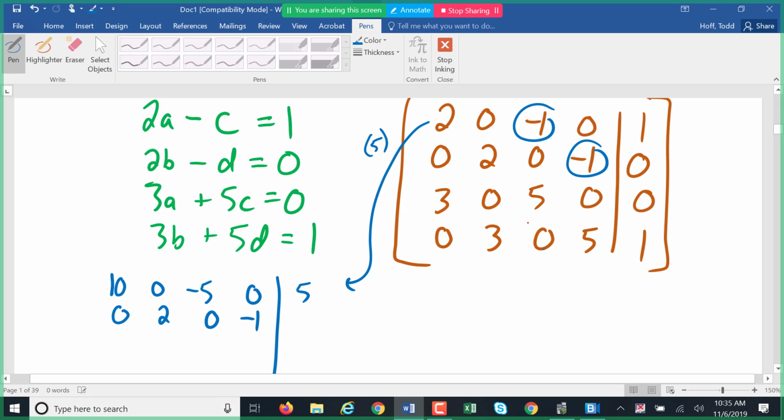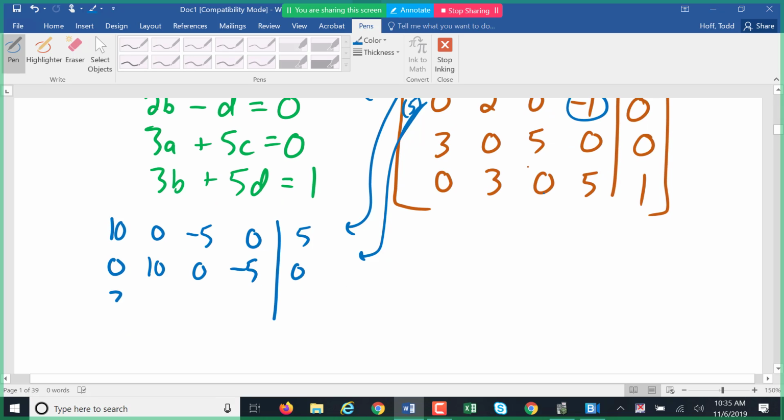Row 2 we're going to leave alone. Actually, you know what? While we're at it, let's do row 2 with a 5 as well. We're going to combine some operations here. Row 2, I'm also going to multiply by a 5. So that gives me 0, 10, 0, -5, 0. Rows 3 and 4, we're going to leave alone.